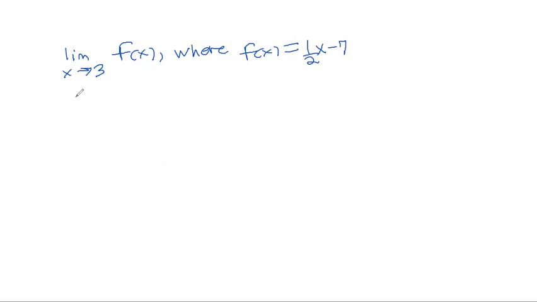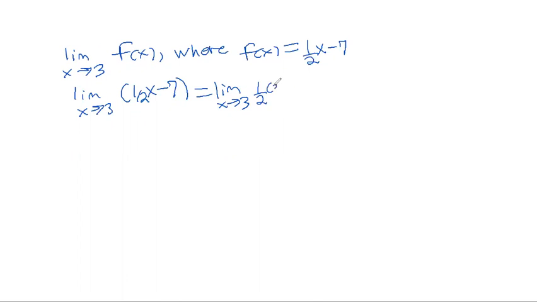So, all we do here is, well, we know f of x is 1/2 x minus 7. So we plug in 3 for x.